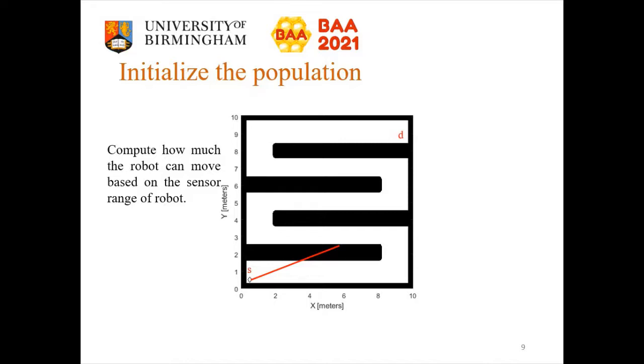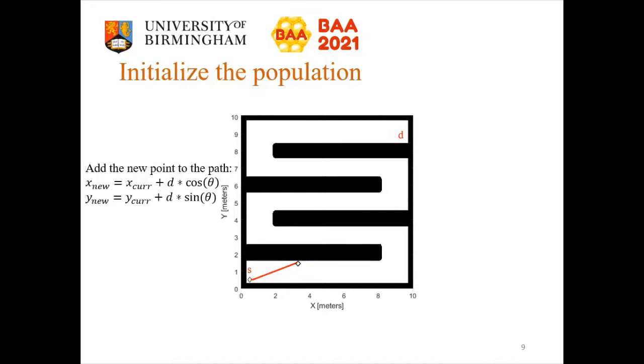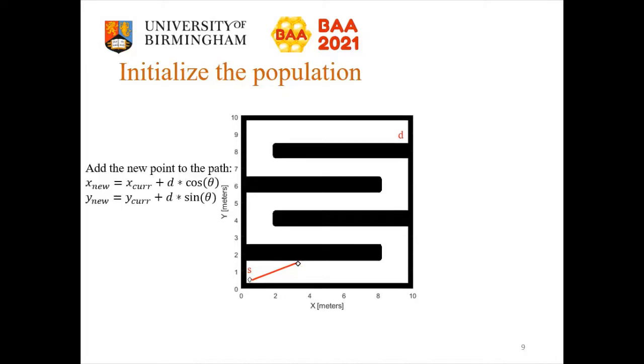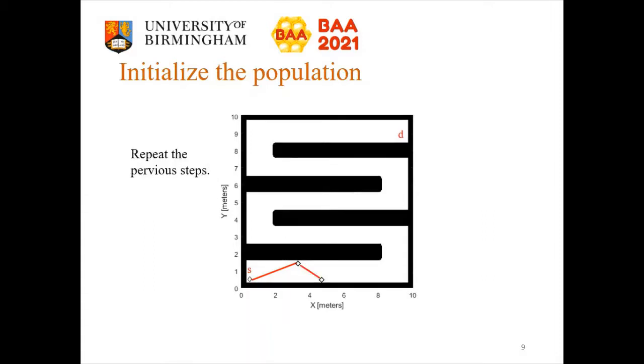Next, compute how much the robot can move based on its sensor range and add the new point to the path by calculating its coordinates as in the following equations. In the case the robot cannot move to any new location by that theta, a new theta is generated randomly. After that, repeat the previous steps until reaching the destination directly, without any intersection with an obstacle.